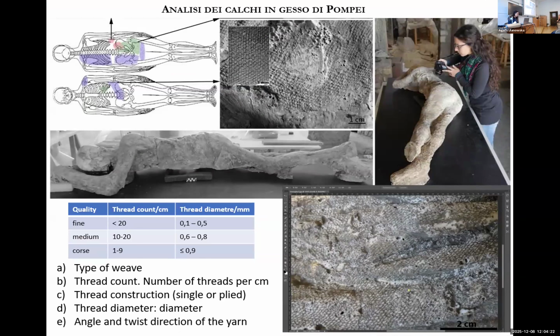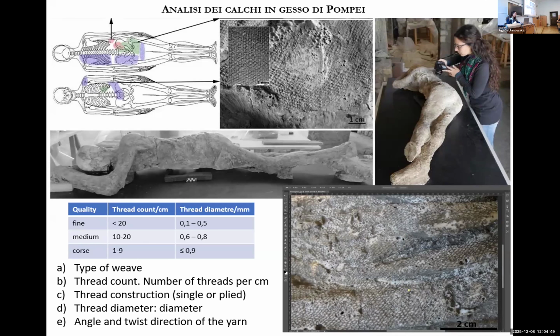Secondly, visual examination enabled the identification of textile imprints and the preliminary quantification of warp and weft thread counts. The analysis of the acquired graphic and digital documentation was carried out using Adobe Photoshop and Illustrator in order to obtain crucial technical information on the fabrics, following the standard parameters for identifying the basic structural elements of the fabrics, as shown in the slide.